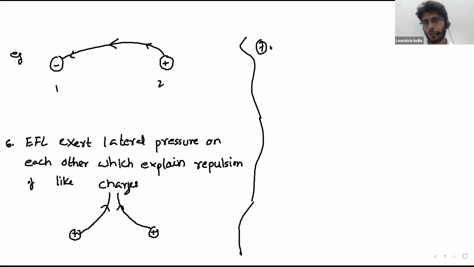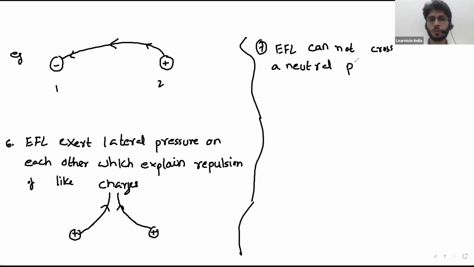So if you want to show neutral point using field lines, electric field lines cannot cross a neutral point because neutral point means net field is zero. They are parallel near it. This means if I say this is a neutral point, then just near the neutral point, field lines will become parallel.